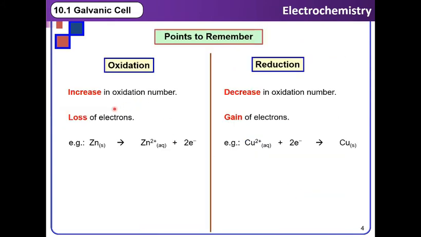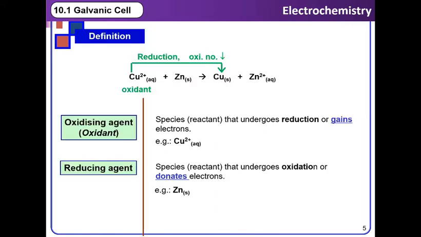So points to remember here: oxidation, increase oxidation number and loss electrons, while reduction, decrease the oxidation number and gain electron. Okay, now we look at the definition for oxidizing agent, or we call oxidant, and reducing agent.